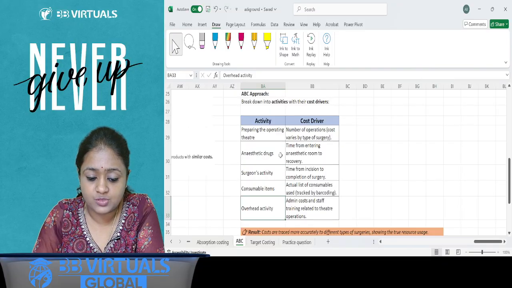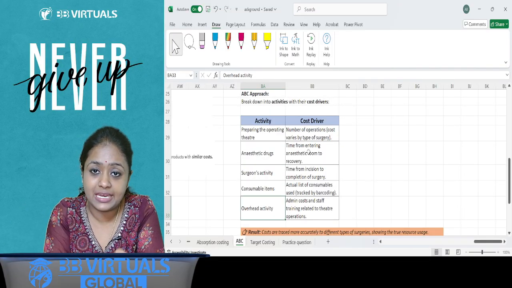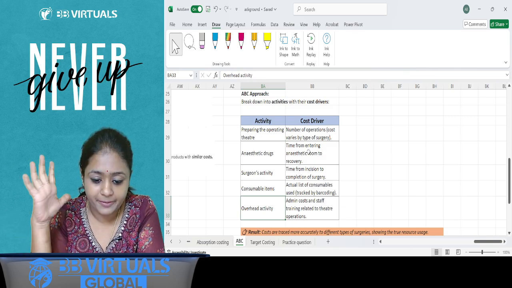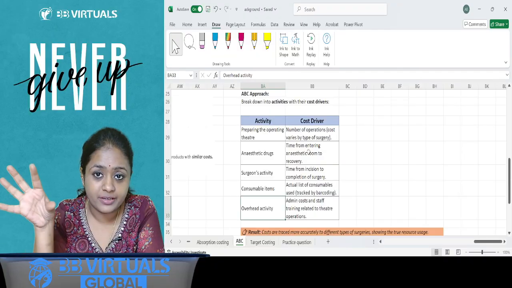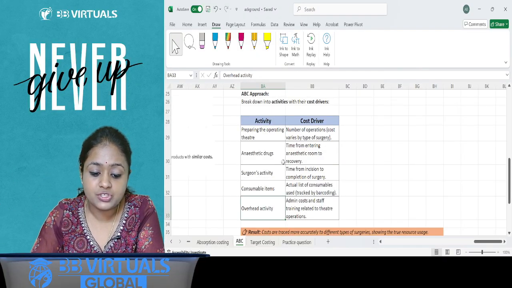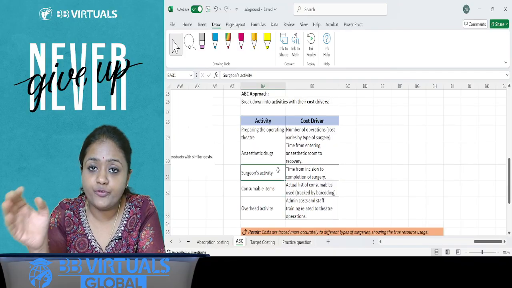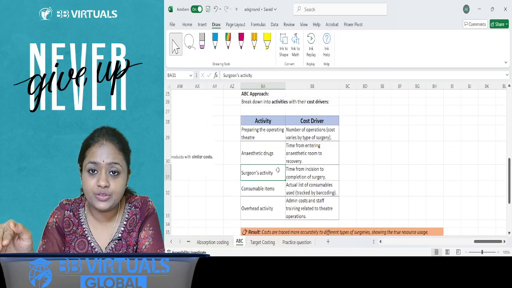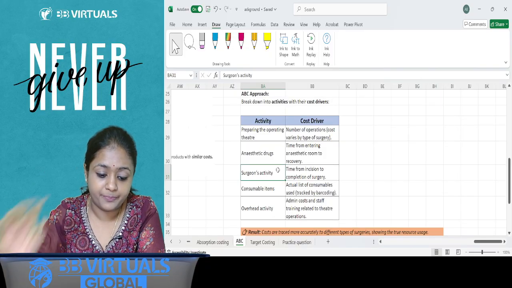Anesthetic drugs, what can be the cost driver? The time from entering the anesthetic room to leaving, or to recovery, because that is the period for which the drugs will have the effect. Surgeon's activity: time from the start of the activity to the close of the activity.